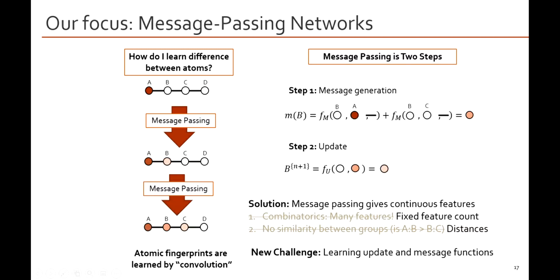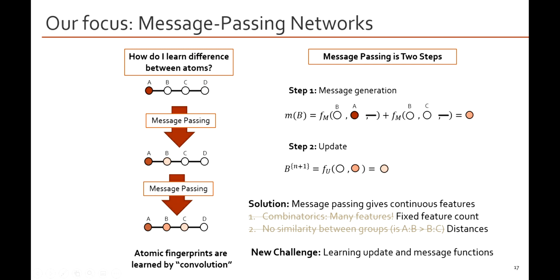One way we can do that is to use message passing functions, where I take my original molecule, which I can represent here as a graph, and I look at the connectivity between different atoms, and I use that to gradually convolve or blend the different properties of neighboring atoms, which now gives me a set of features that describe each of these atoms uniquely and have some better properties.